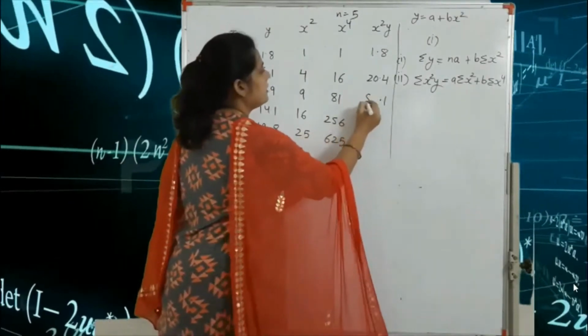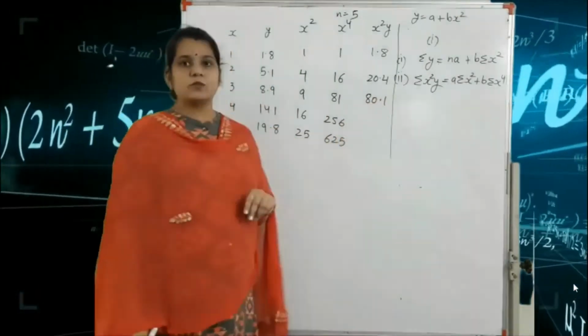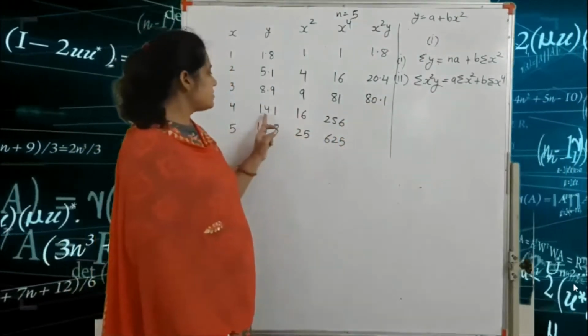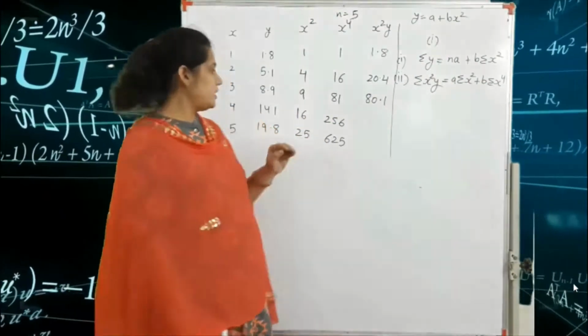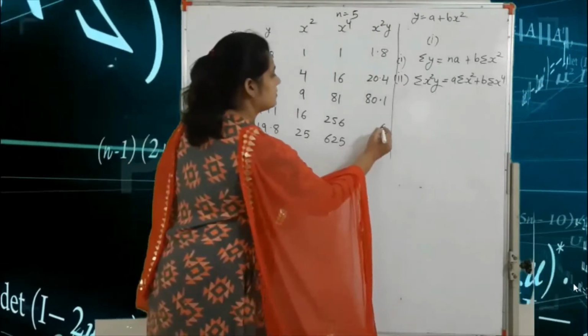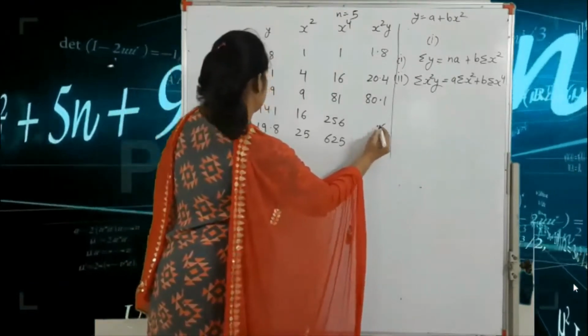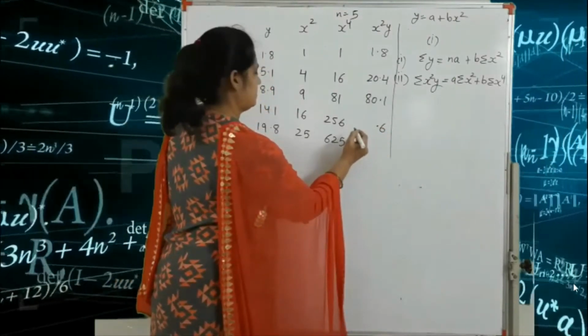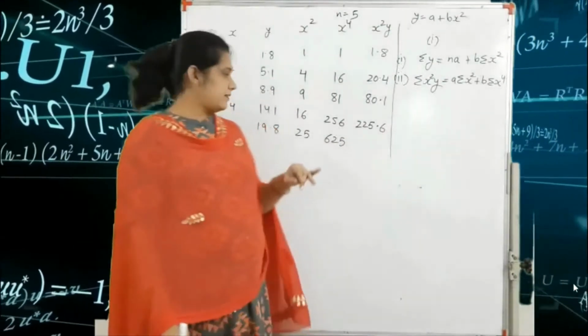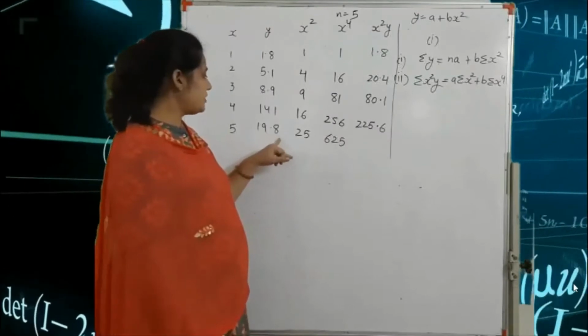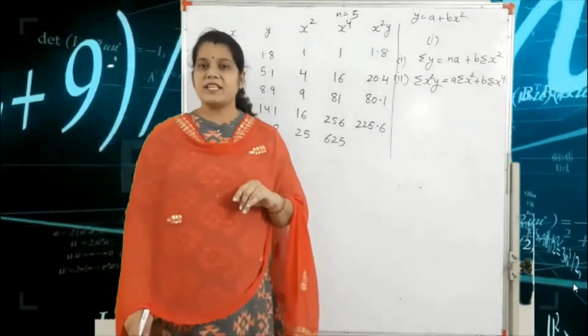Next is 14.1 into 16, and the last value is 19.8 into 25.